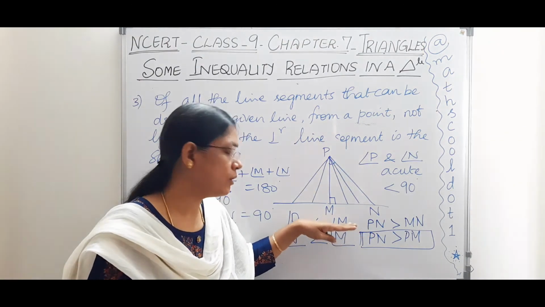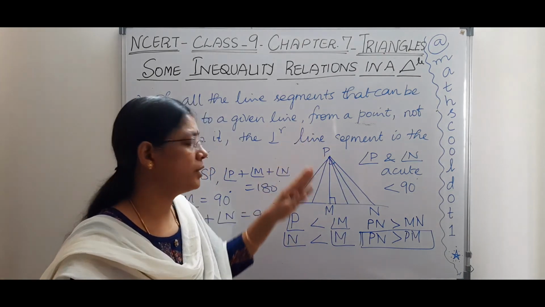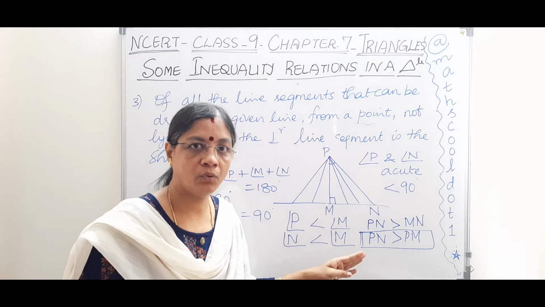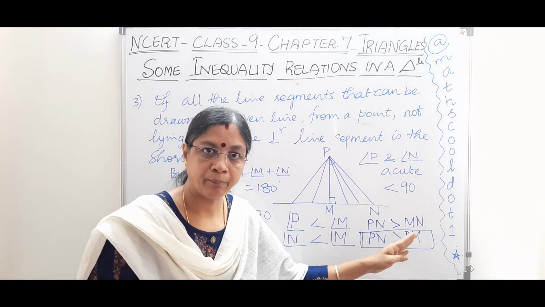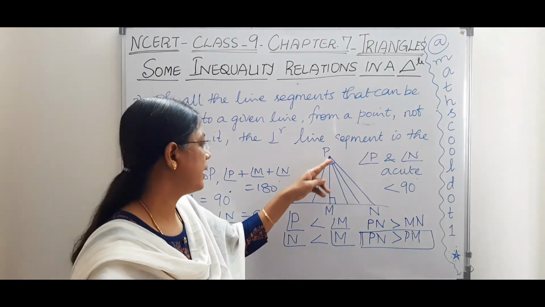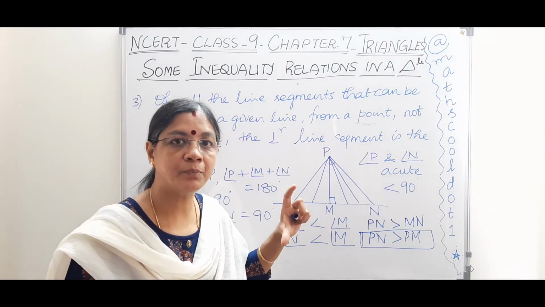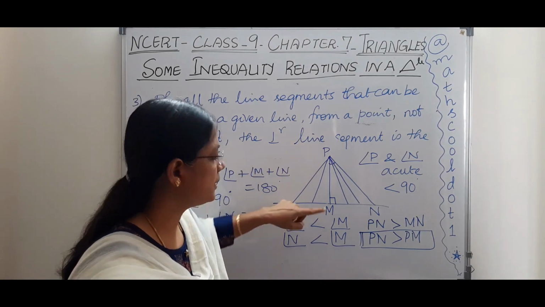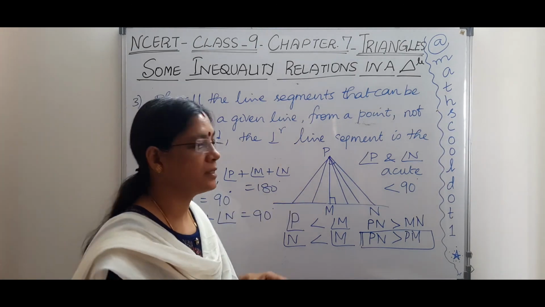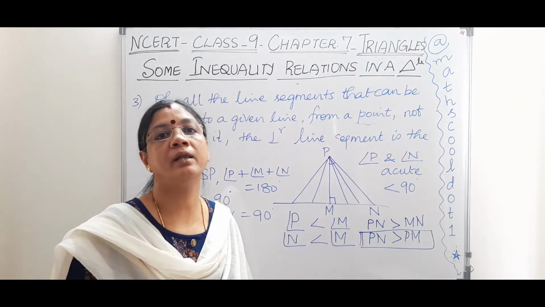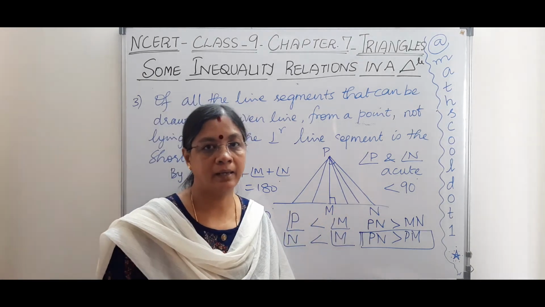Then the lines are drawn from the point P to the line segment, and out of these the line which is perpendicular to the line segment is the shortest. The distance between the point and the line segment will be the shortest if the line is perpendicular to the line segment.